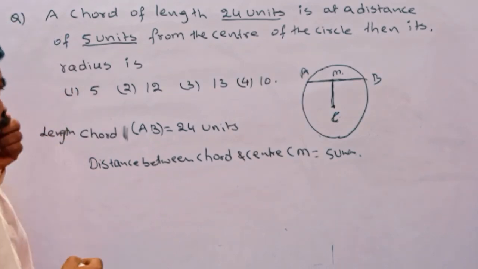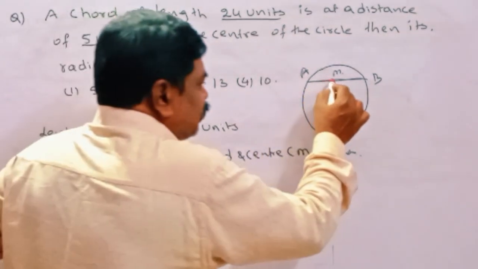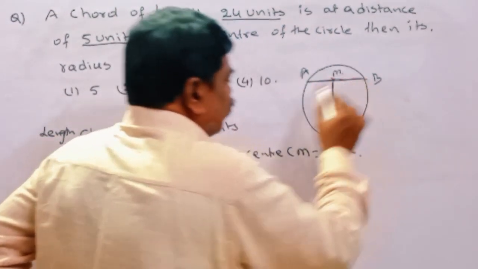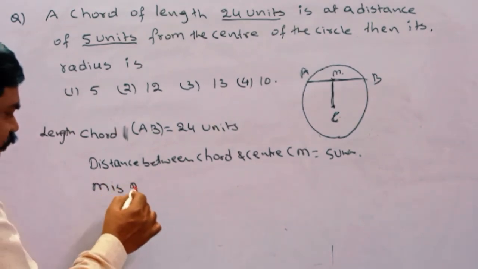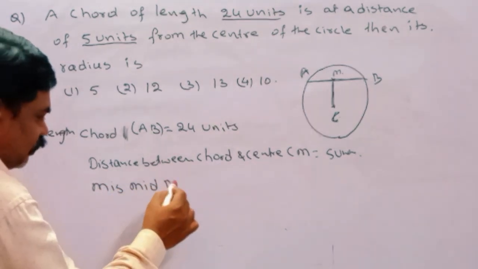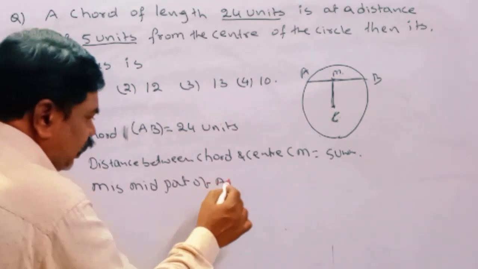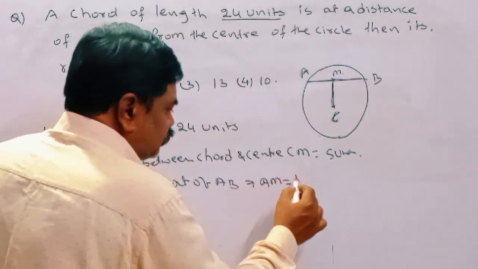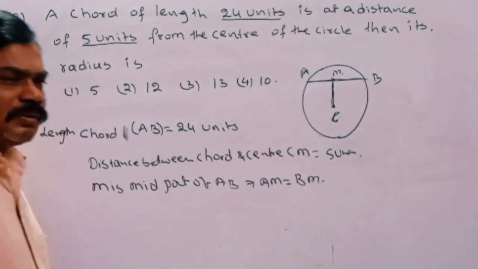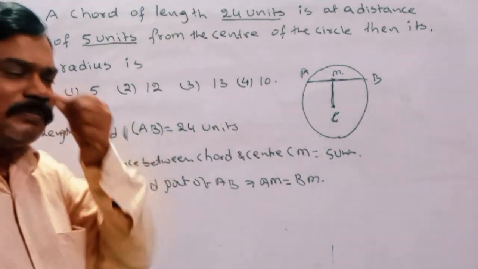Here M is the midpoint of AB. That is, AM is equal to BM.